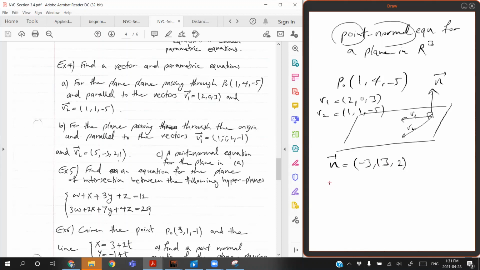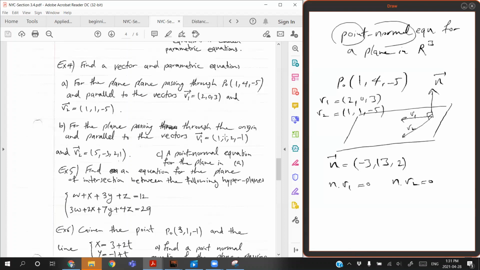Because now if you multiply n and v1, you get 0. If you multiply n and v2, you also get 0. Does that make sense? Is this clear for everybody?